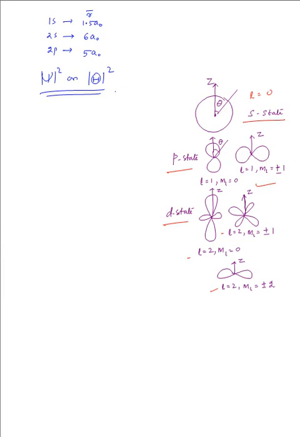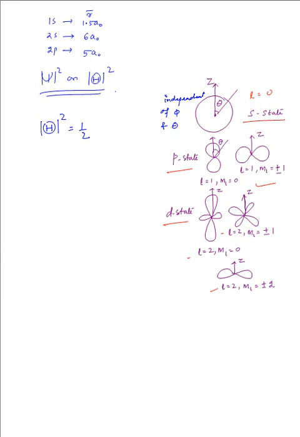The angular probability density theta squared is a constant for the S state, and it comes out to be equal to half, for L equal to 0. Being a constant, the probability density psi square is spherically symmetrical about the nucleus, so it is independent of phi. It is also independent of theta because the value comes out to be a constant.